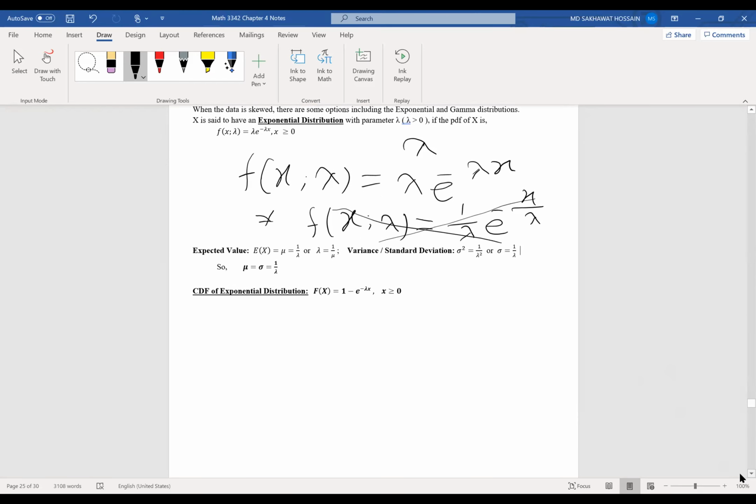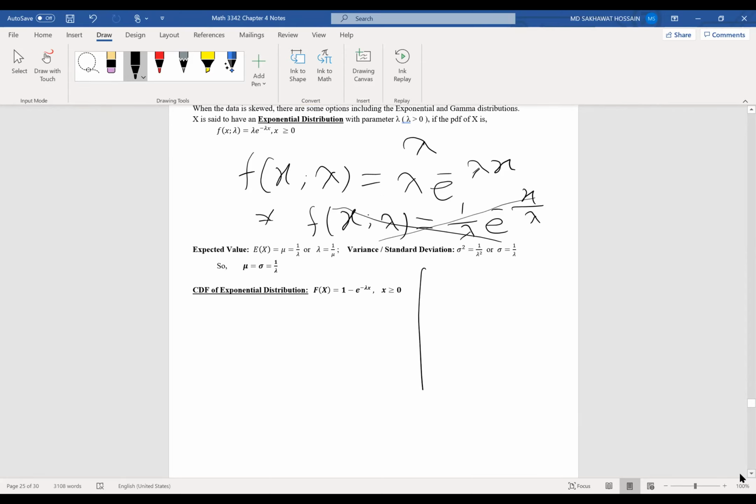The expected value of x, or the population mean, for the exponential distribution is 1 over lambda. So mu is 1 over lambda. If you use the other PDF function, then the mean is just lambda.